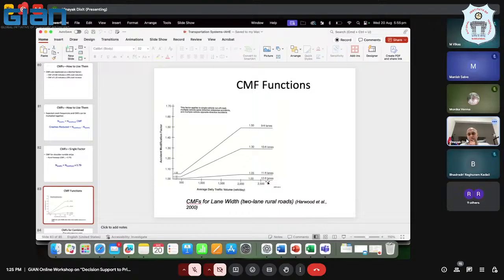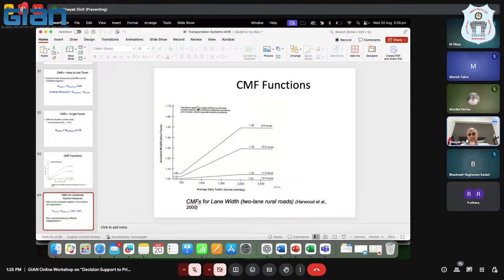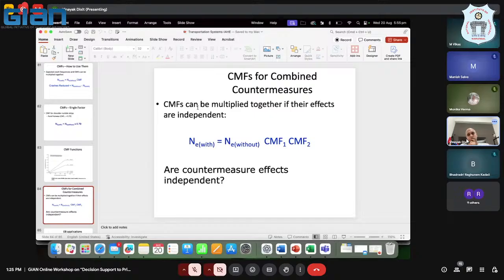By reducing my lane width by 3 feet, I end up with a 50% increase in the likelihood of crashes. That's how you would read this. And then you can multiply. The nice thing about this approach is that it's just a multiplication of different CMFs. So you can put in a rumble strip, then increase the lane width, do all of that and you end up with a different number.